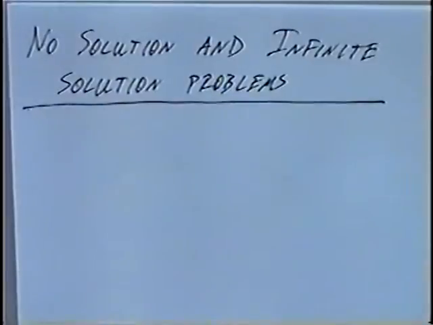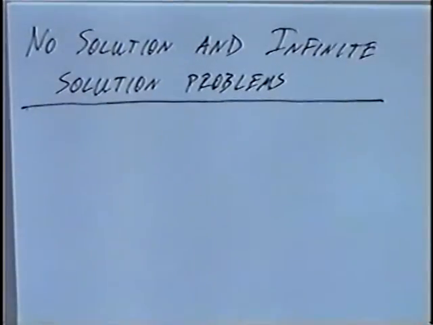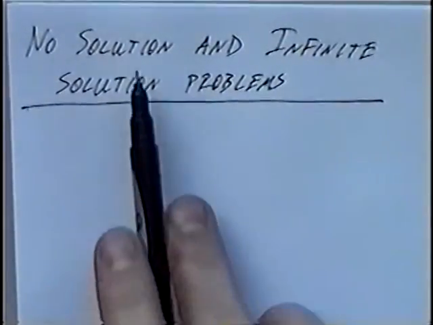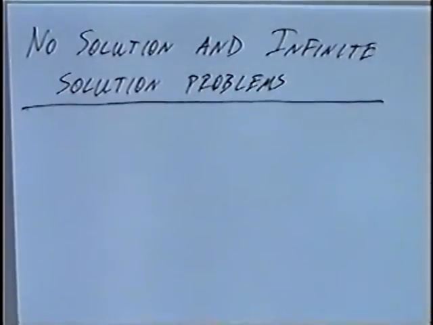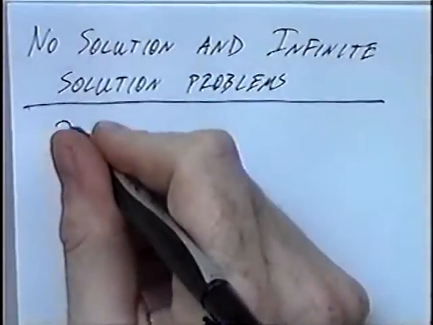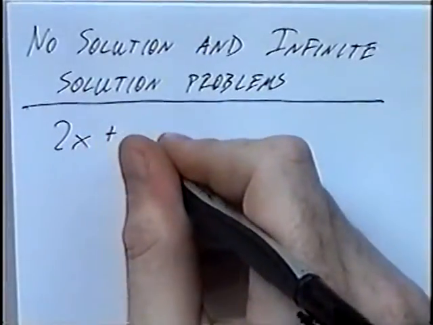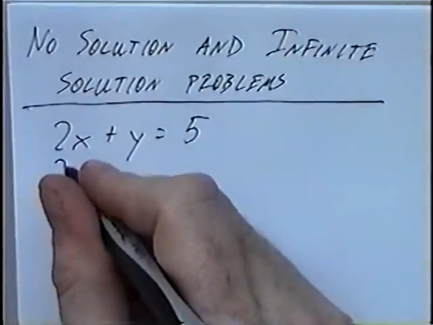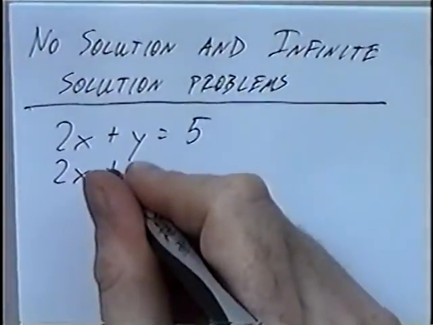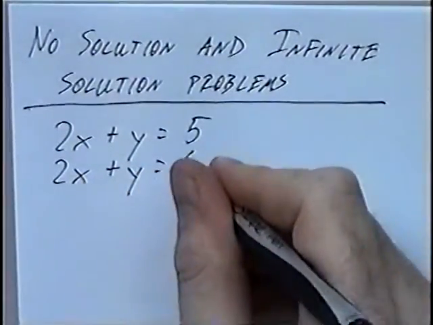In this section, we'll continue to use elimination, but instead of answers, we'll either have no solution or infinite solutions. First question is 2x plus y equals 5. And second question, 2x plus y equals 6.